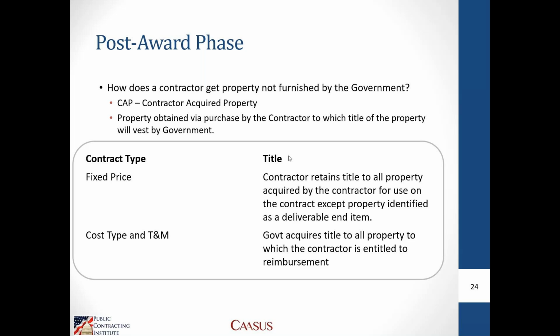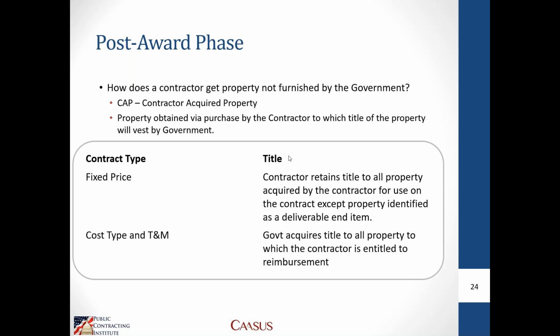Another example where the title to contractor acquired property would not transfer to the government would be if you have a deliverable, and your deliverables are for reports. So you're going to do some testing. And in order to do your testing, you're going to have to acquire some test fixtures and have them manufactured so that you can go ahead and run the tests that you need to run, or perform the simulations.